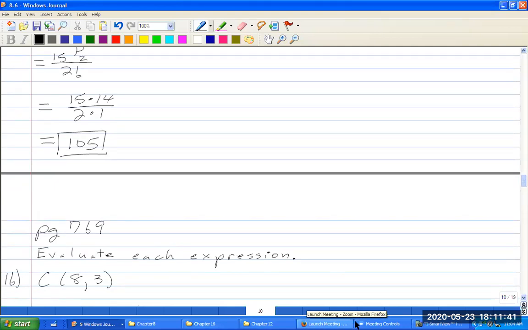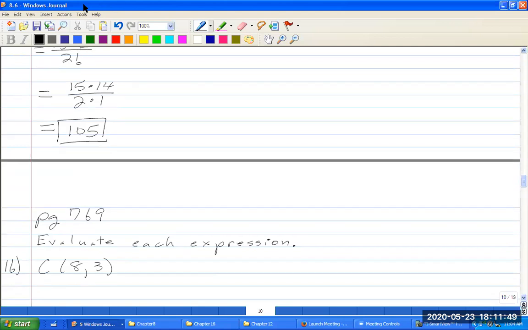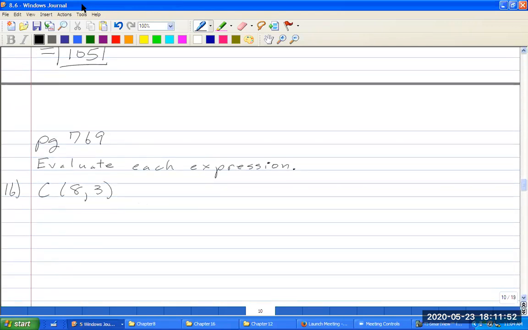Okay, so let me do some examples. On page 769, evaluate each expression. This is a weird notation they have in the book, a fairly non-standard notation, but in some computer programs, they actually have that as a function written this way. So C83, which is 8C3.